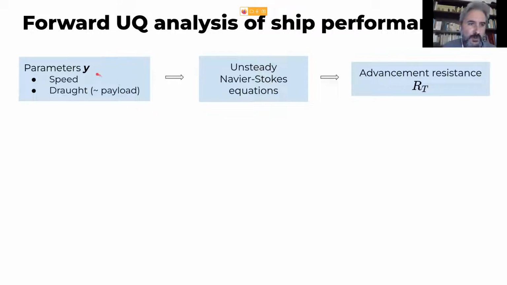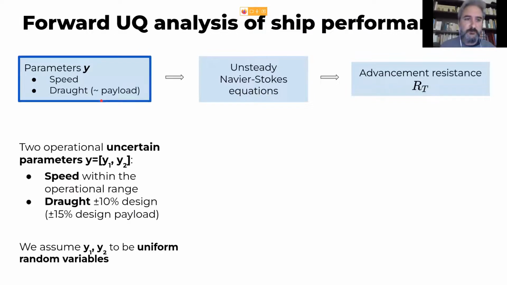So what kind of parameters are we focusing on? This is a relatively low-dimensional problem, so we're considering only two parameters: the speed of the boat and the draft of the boat. The draft is the vertical displacement due to the ship being loaded with a certain payload, the payload being the number of people and the number of cars you put in the boat.